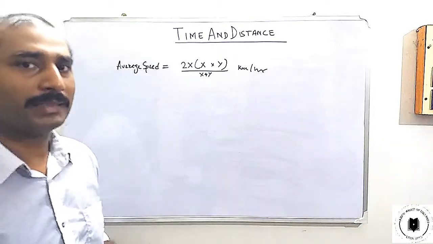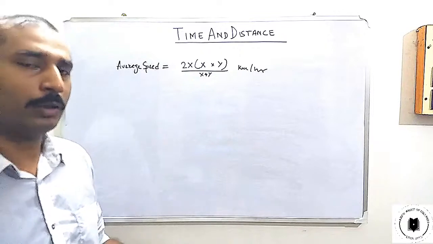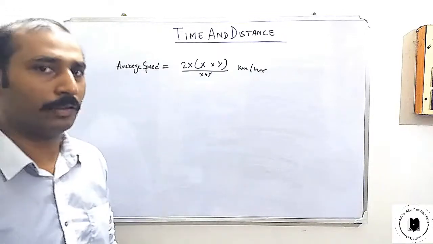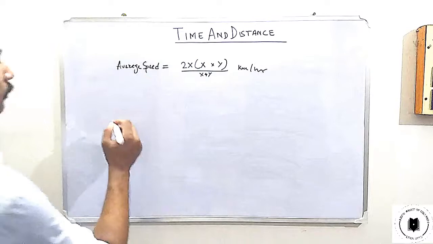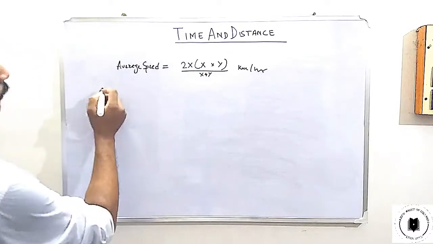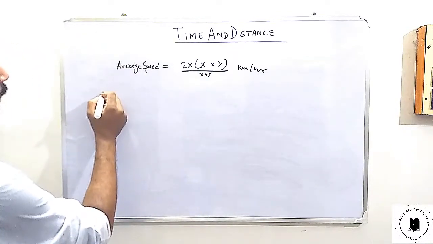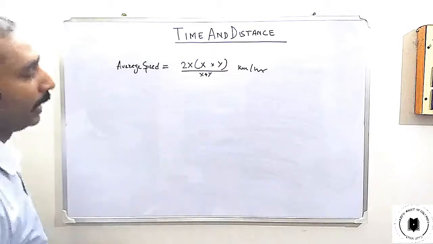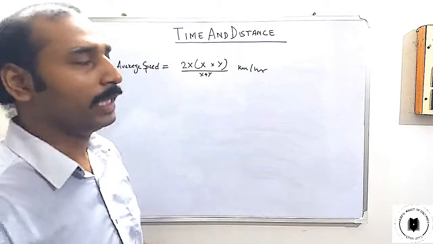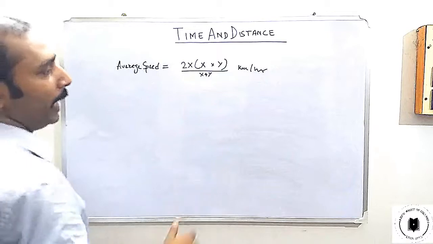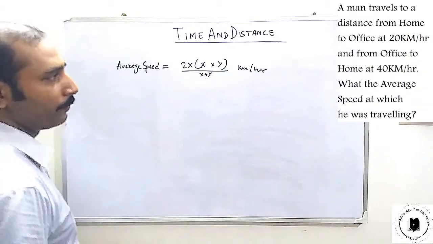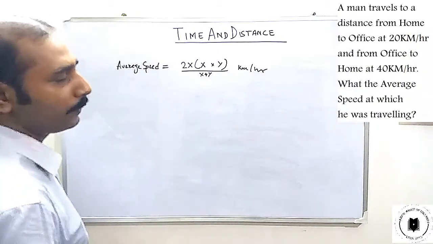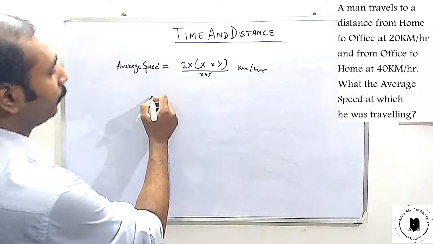Let us now take an example of average speed and see how to solve this kind of problem. Say for example, it says a man travels from home to office at 20 kilometer per hour.